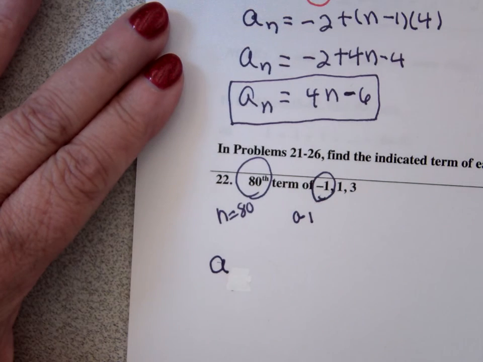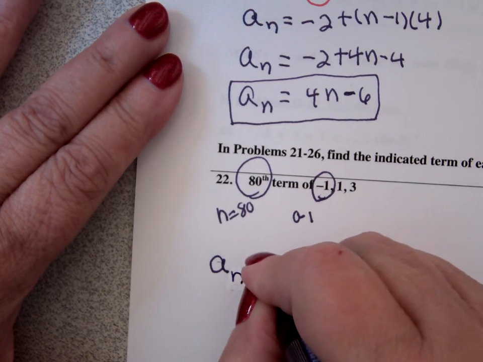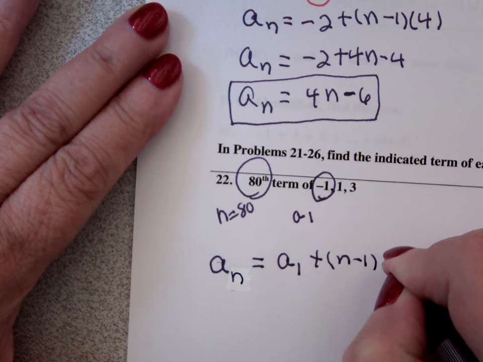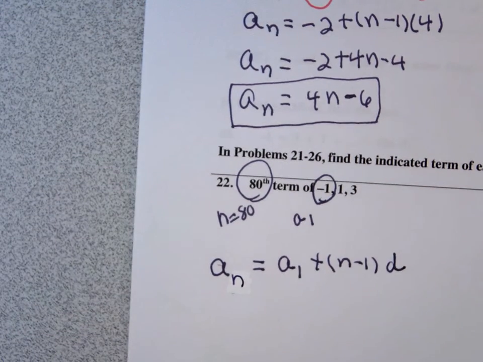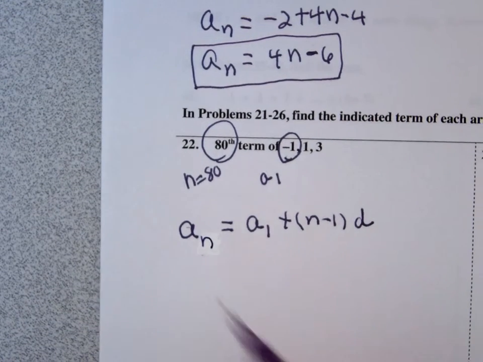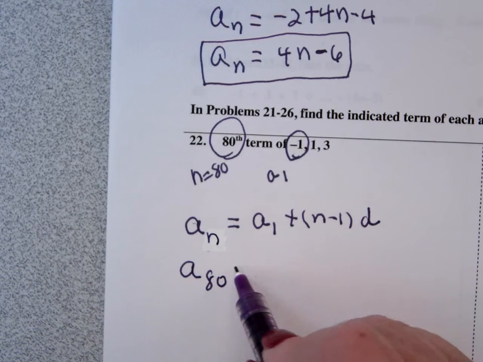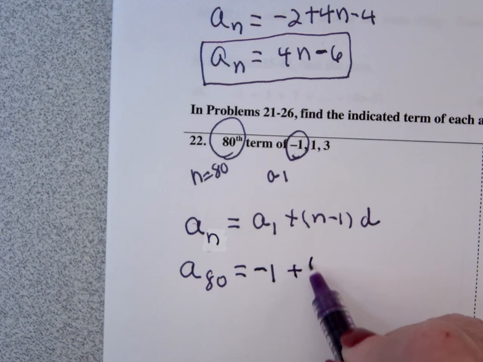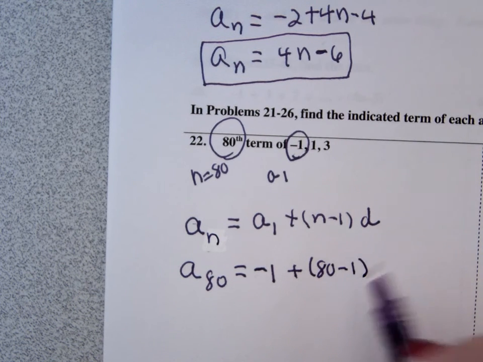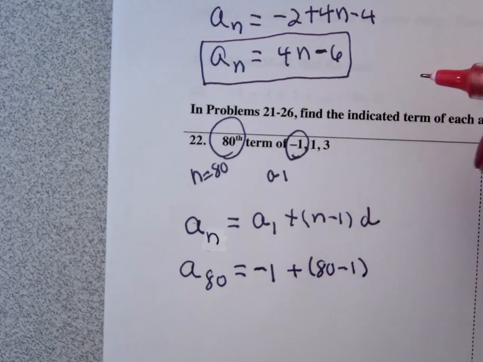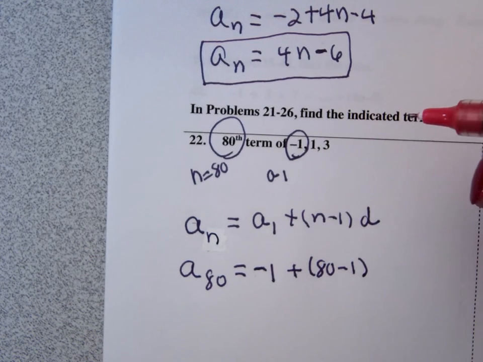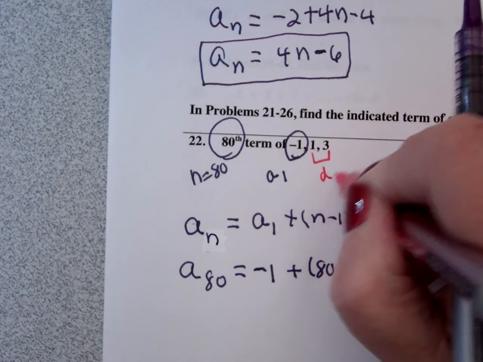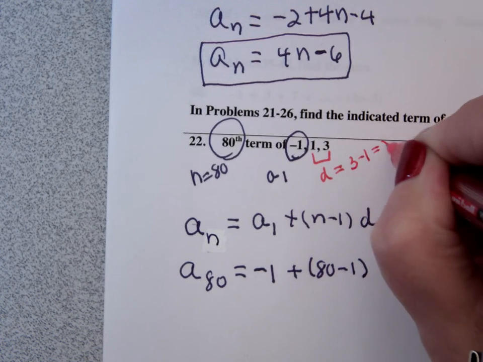The formula says that a sub n equals a sub 1 plus n minus 1 times d. I'm looking for the 80th term, so n is 80, a sub 1 is negative 1, and d is 3 minus 1, or 2.